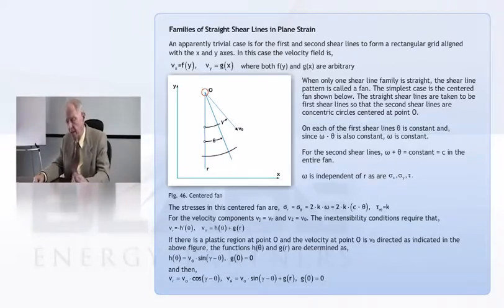And that is all the straight shear lines intersect at one point, just like in the figure, at the point O. And the way Prager gives his illustrative problem is that the straight lines in that figure are first shear lines. Okay. So on each of those lines, theta is constant, omega minus theta is constant, so omega is constant.